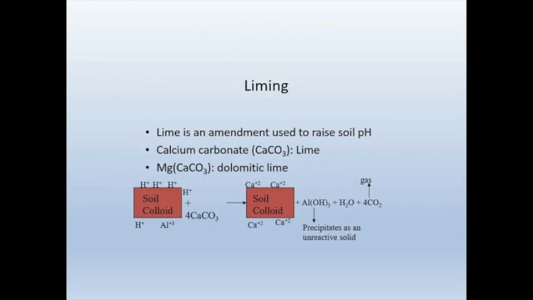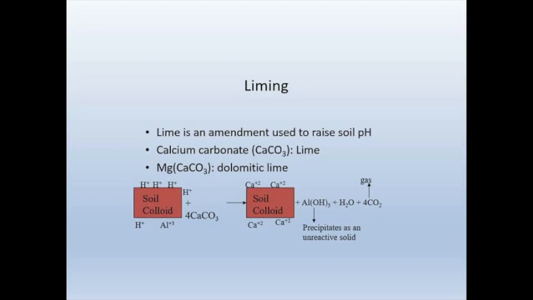And here's what's happening. So we've got our soil colloid, it's got acidity on it. We add lime, we're adding a bunch of calcium carbonate. The calcium knocks the acidity off our cation exchange sites. Now our cation exchange is dominated by calcium.